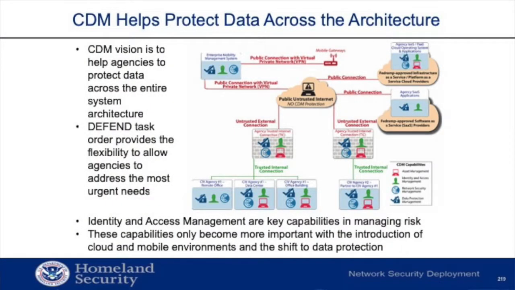But there'll be some people coming in probably through other connections, right, to your environment, through your wireless access gateways. Anyway, the whole point of this is to show it's a much more complicated environment that we'll be going to manage. And CDM knows we need to manage all those capabilities, and we'll be building services to do that as appropriate over time. Defend gives us the flexibility to do that.